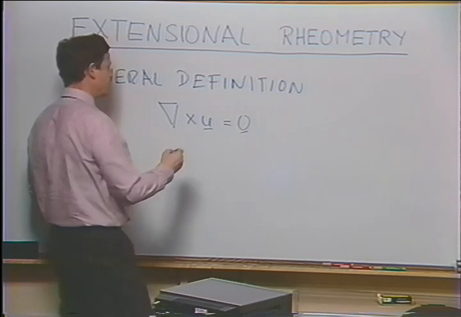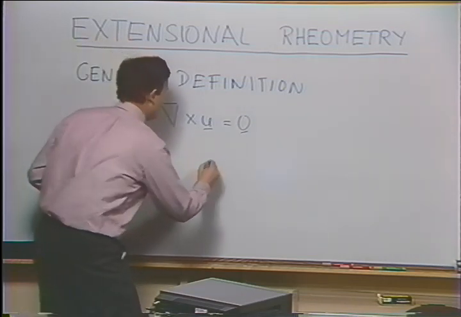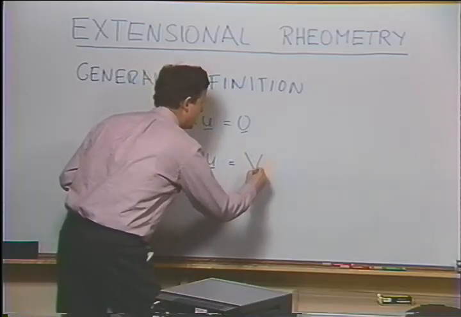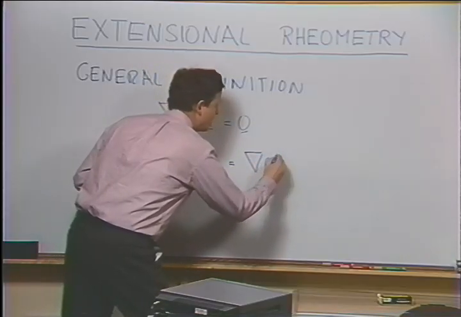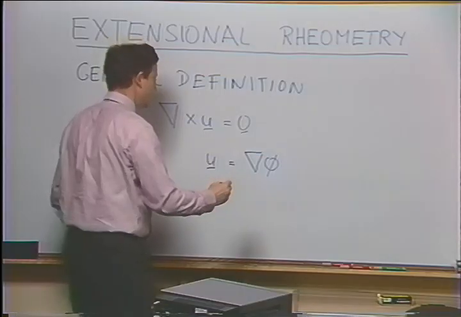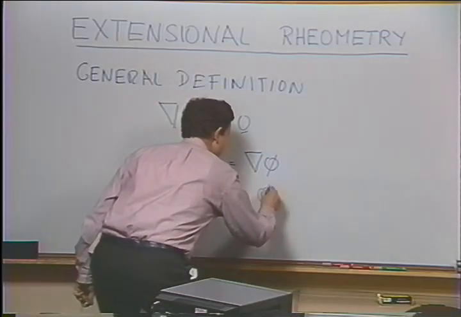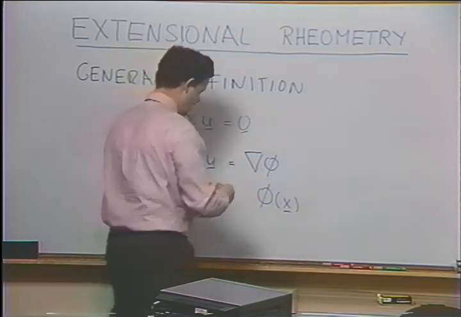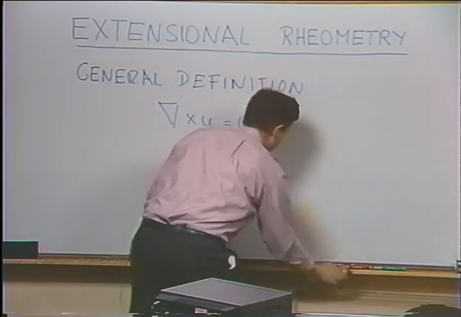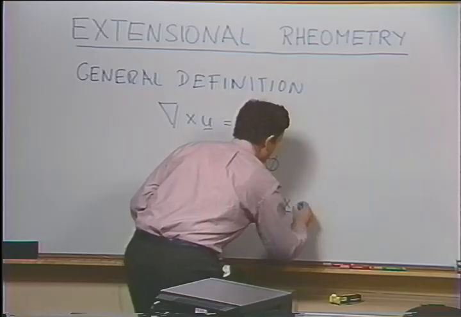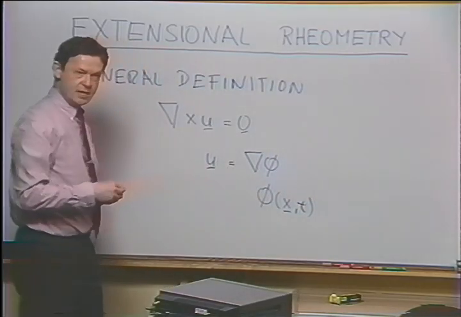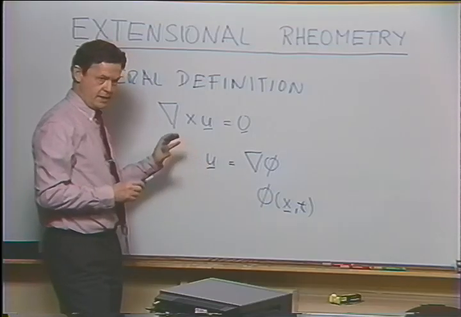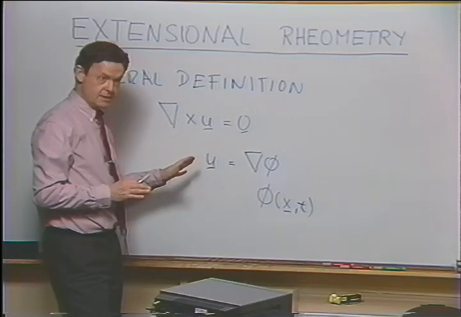And as a consequence of that, we need a velocity which is described by the gradient of a scalar potential, phi, and this scalar potential, phi, could be a function of position x, and actually it could be a function of time also for transient extensional flows. So that's the characteristic, that's the fingerprint of extensional flows in general.